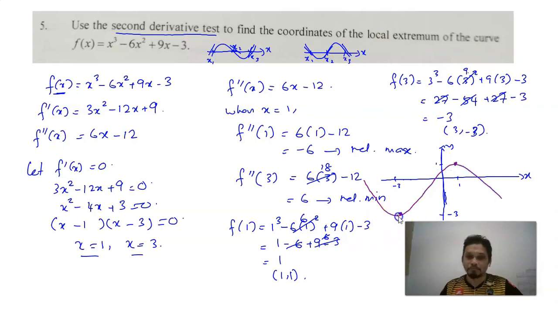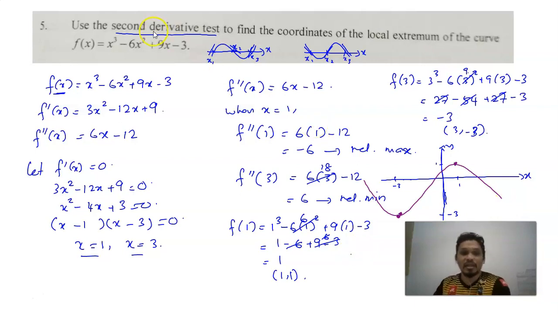There you go. Okay, let's have it like this. For x less than 1, from x at negative infinity up to 1, the gradient is negative. From 1 to 3, the gradient is positive, and after that, from 3 to positive infinity, the gradient is negative. There you go.